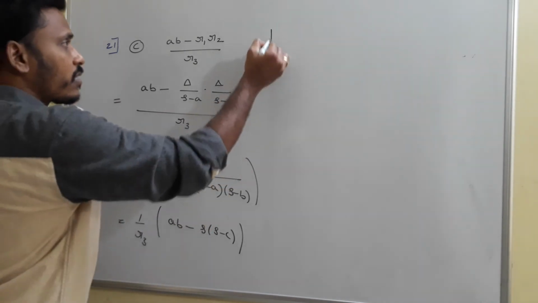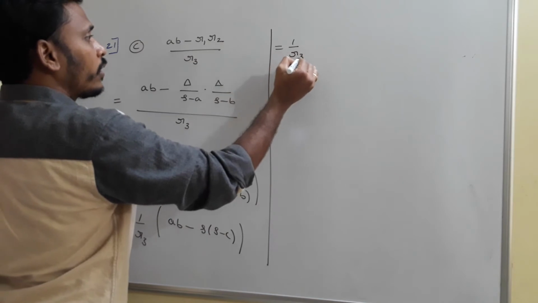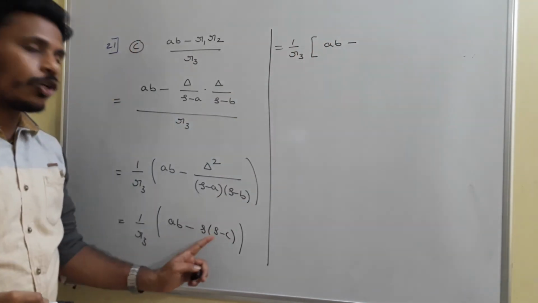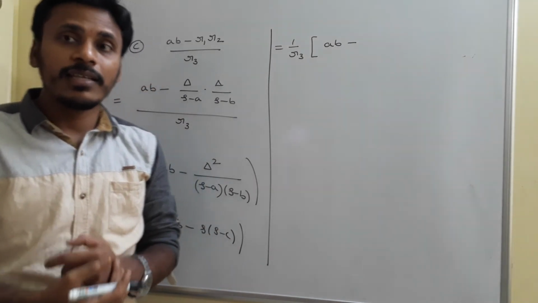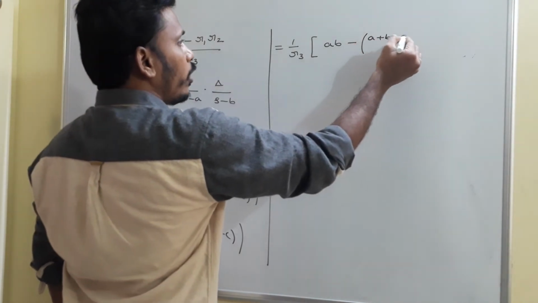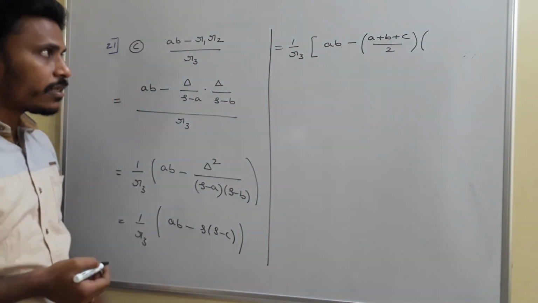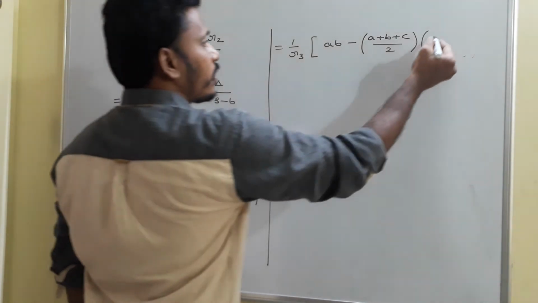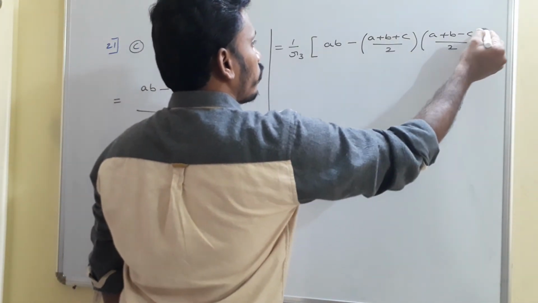In the next step, this is equal to 1 by R3 of AB minus S into S minus C. What is S and what is S minus C? S is the semi-perimeter, which is A plus B plus C by 2, into S minus C. S minus C is A plus B plus C by 2 minus C, which directly gives A plus B minus C divided by 2.